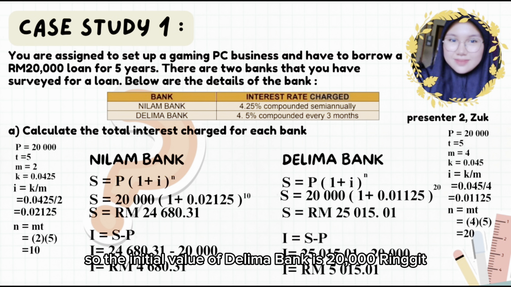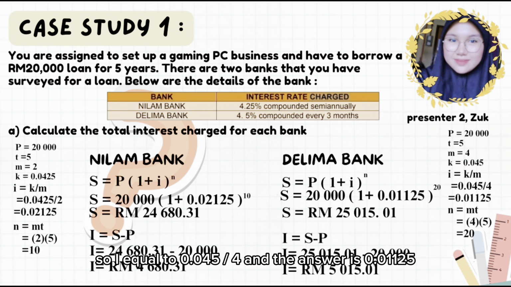So the initial value for Delima Bank is 20,000 ringgit. The term is 5 years. The interest rate is 0.045 and the frequency is 4. So i equals 0.045 divided by 4, and the answer is 0.01125. The n is 4 times 5, which is 20.